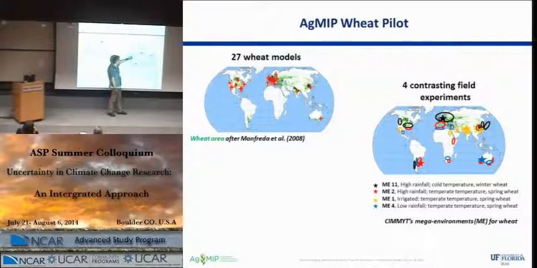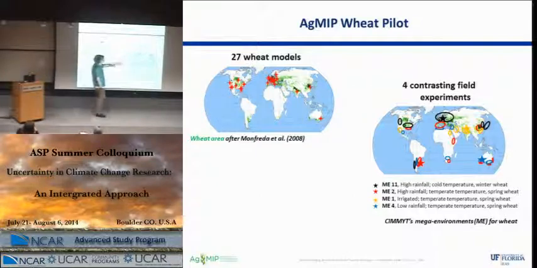That's where CIMMYT has one of the main research stations to breed for this environment. But you can see this environment is repeated in other areas as well. So by doing this, I can't remember the number, we were thinking that by having just 4 points, we could say something about what's happening for, I think, half of the wheat growing areas in the world.